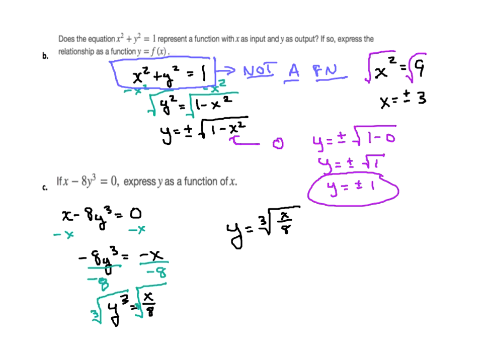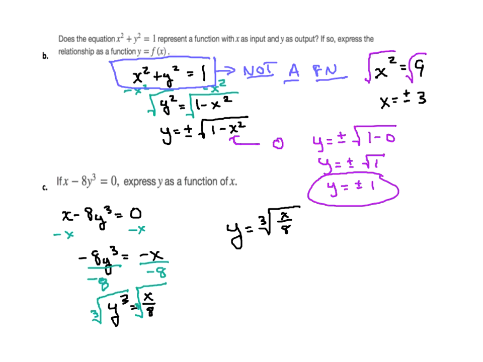So think about it. If I plug a value in for x, let's use 0 because that's nice and neat, am I going to get more than one value out? Josh says no, and you're correct, Josh.